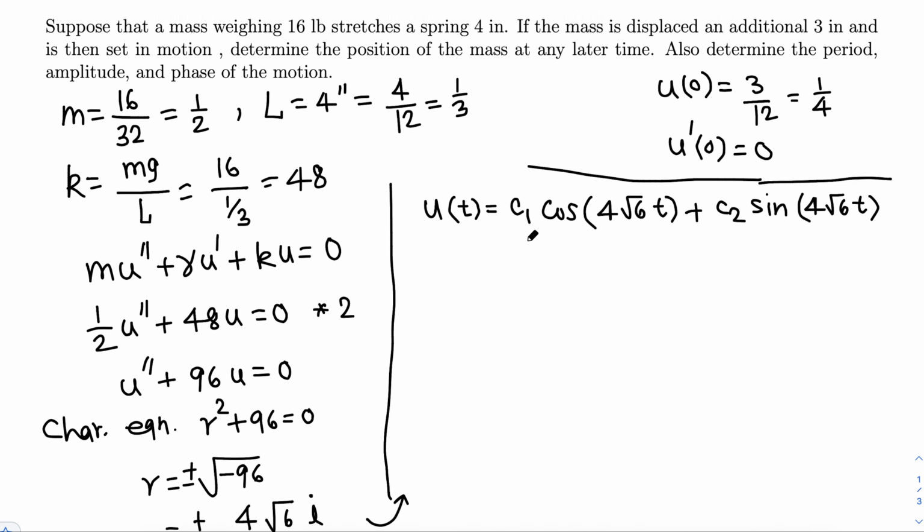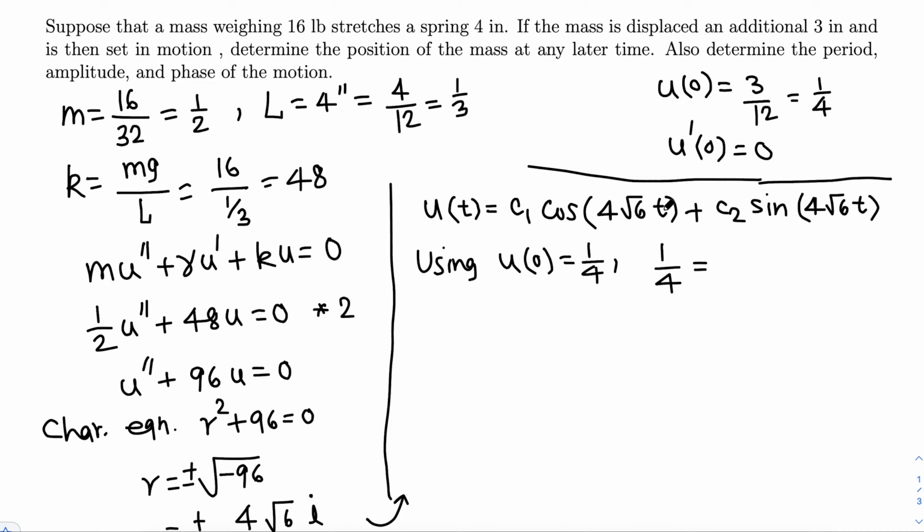Now we need to determine the values of C1 and C2 using these two initial conditions. Initial displacement is 1/4. Let's use that. So using u at 0 equals 1/4. So this u is 1/4 when time is 0.